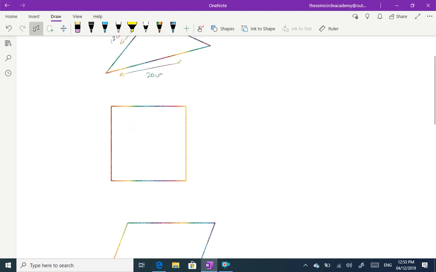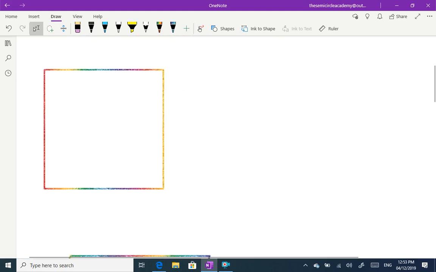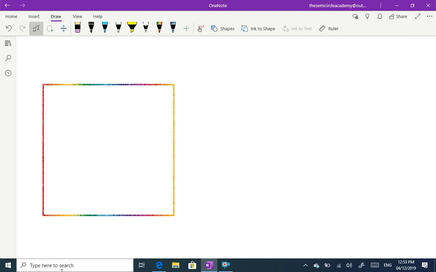In this example here, we have a square. And with the square, you know that all of the sides are equal. So basically, they just have to give you the length of one side. Let's just say one side is 10 centimeters, right?